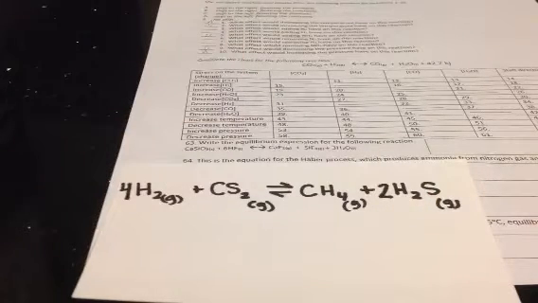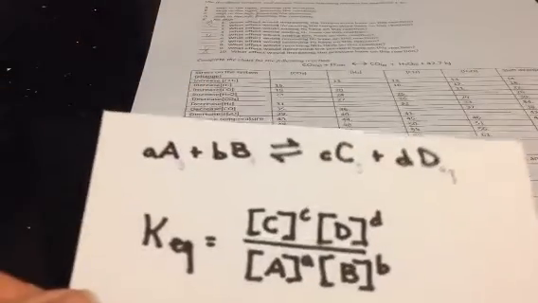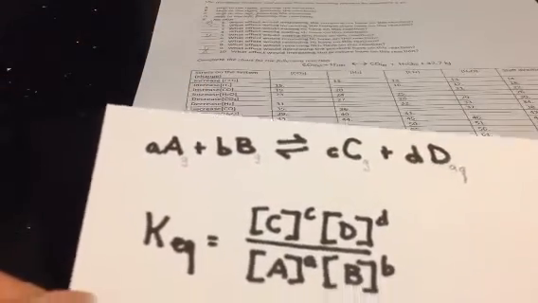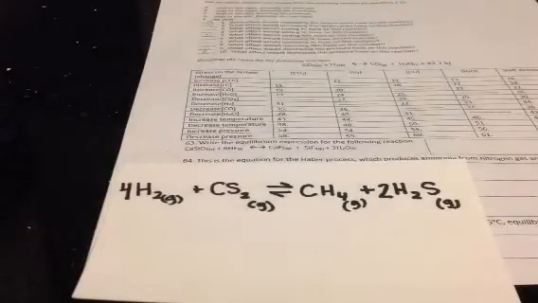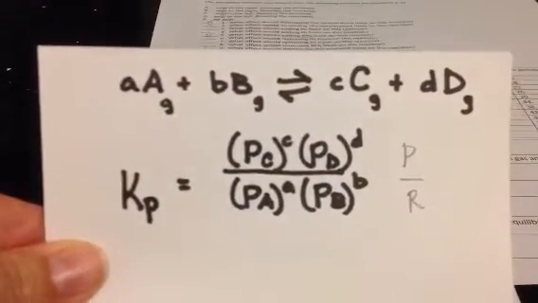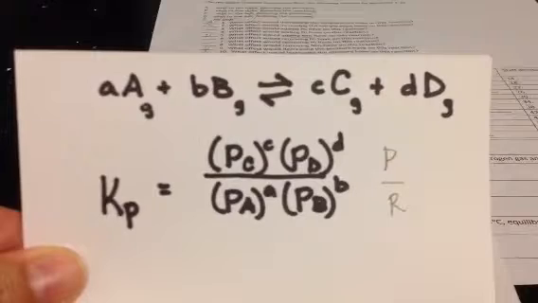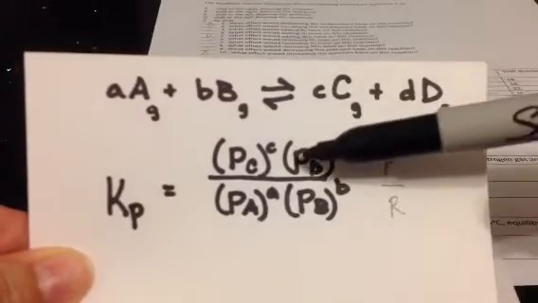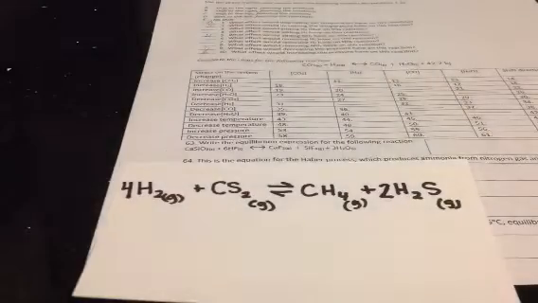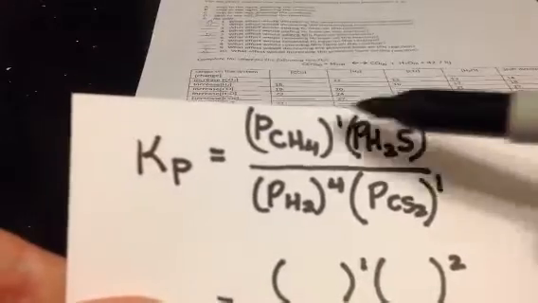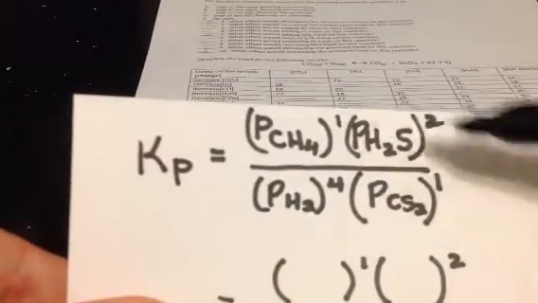So remember, I am going to make an expression based on this template right here. Okay, so they were all gases in my equation, so I'm actually going to be using one that says Kp, but you'll notice it's pretty much the same thing. The difference is they just say pressure of that instead of just the concentration of it. So I'm going to plug in the products raised to the coefficients.